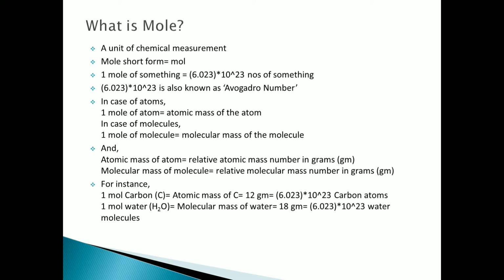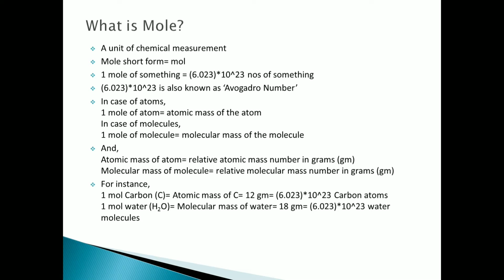That means 6.023 into 10 to the power 23 carbon atoms weigh as much as 12 gram. Similarly, 1 mole of water molecule will be equal to the molecular mass of water, which is 18 gram, and will also contain 6.023 into 10 to the power 23 water molecules. I hope that you have got the concept of mole.